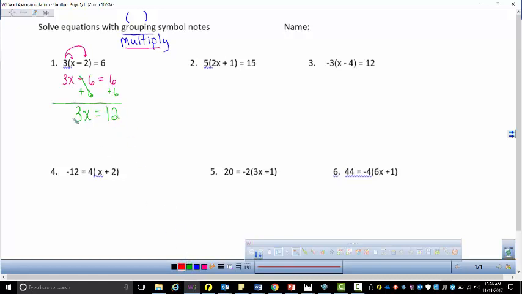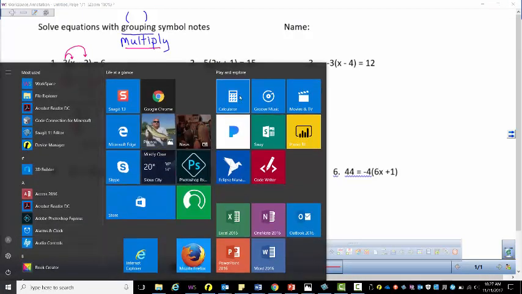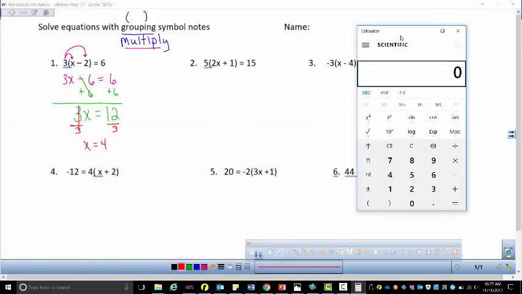And then our next step is we divide by 3. 3 divided by 3 cancels. x equals 4. Now, if you're getting stuck on the multiplying and the dividing, make sure you go get a calculator. Okay, calculators can help us. I can pull up my calculator here just in case I need it in a second.